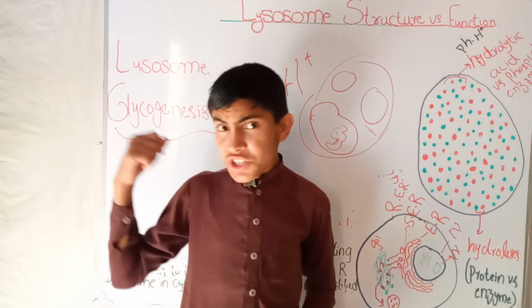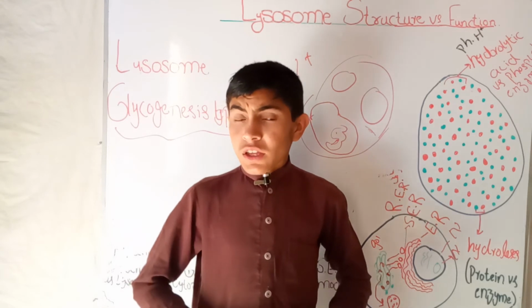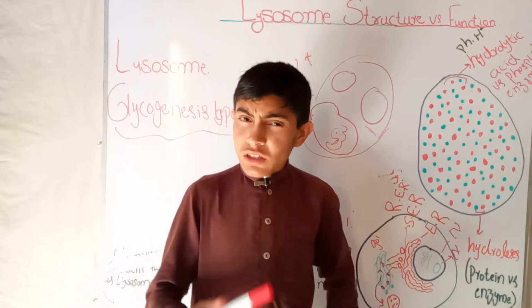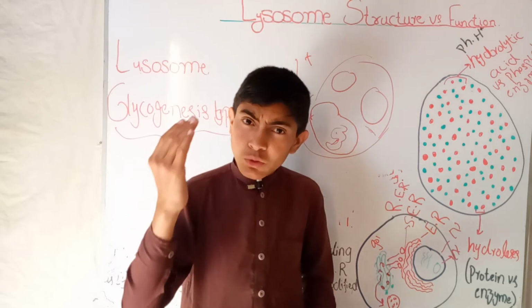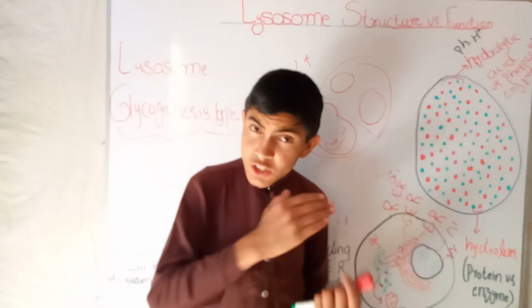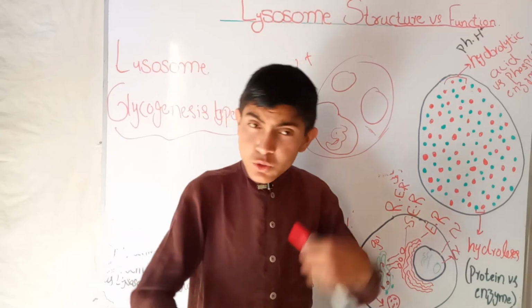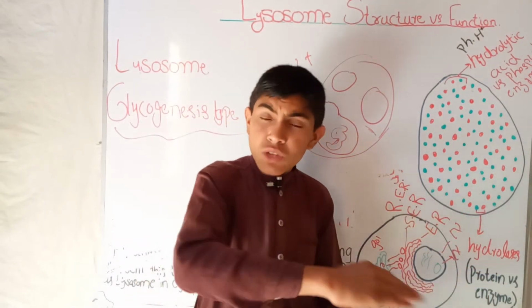The glycogenesis is a process in which the excess amount of glucose is converted into glycogen, which is then stored in the liver and also other tissues and muscles.